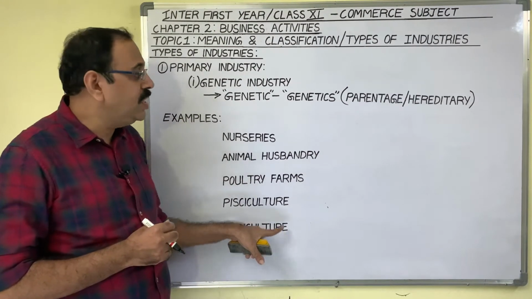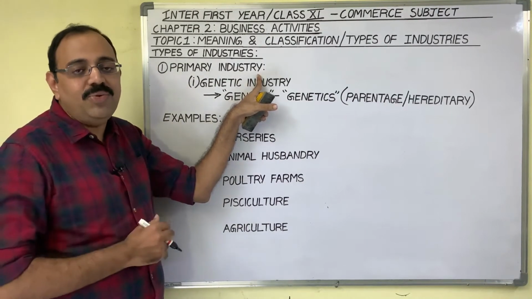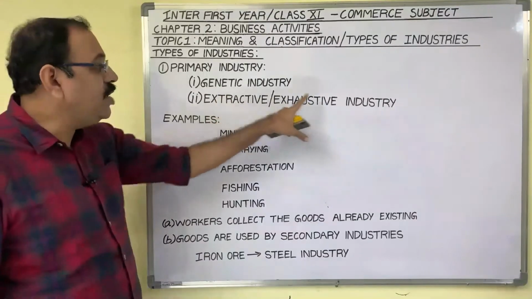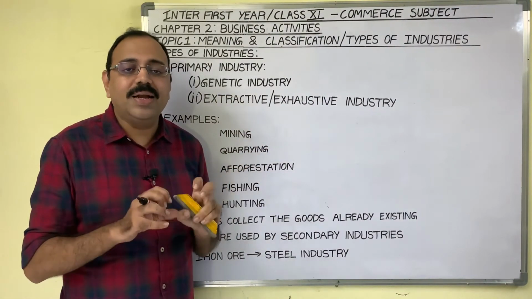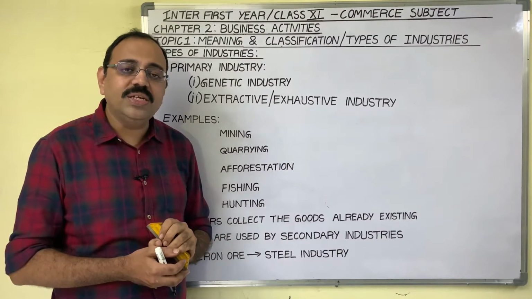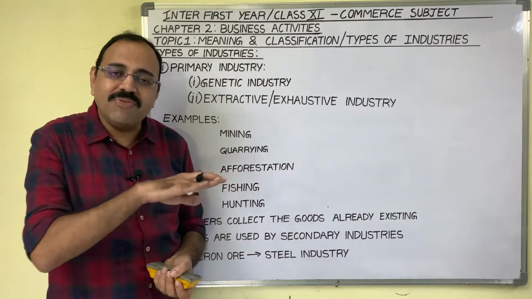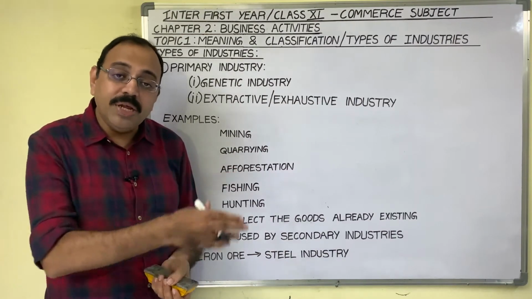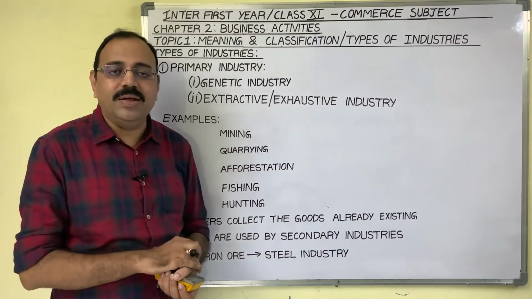Now let us see about the second primary industry, that is extractive industry. Extracting means taking out, collecting. In these industries, wealth is extracted from the nature, means from the surface of the earth, from beneath the surface of the earth, from water, from air.